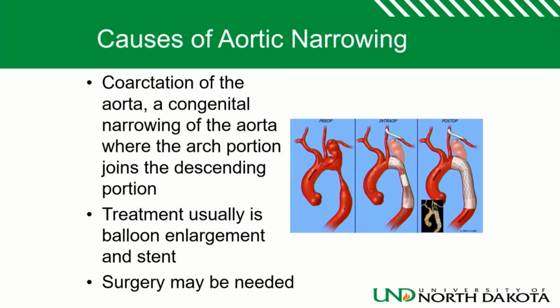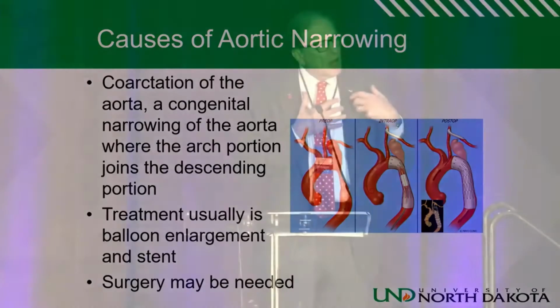So here you have a diagram or a drawing on your right side showing what a coarctation is, which is a congenital narrowing of the aorta, and it typically occurs right around the arch portion of the aorta, joins the descending aorta in the chest, typically just beyond the vessels that go up to the head and neck. The treatment usually is balloon enlargement and a stent, although in some cases surgery may be needed.